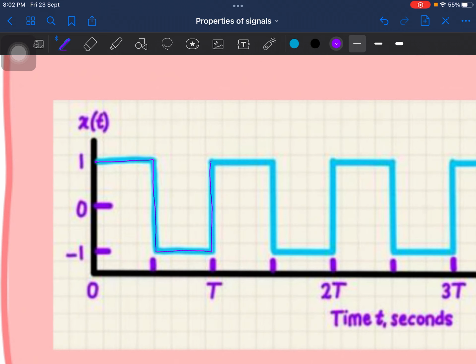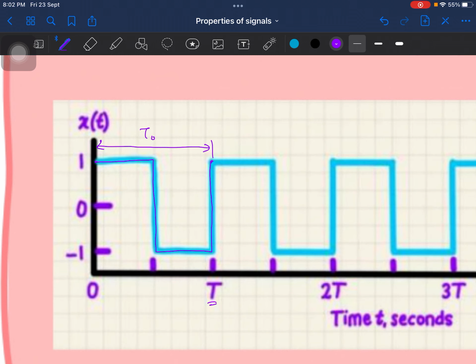Starting at time equals capital T here, I'm going to repeat the same pattern. Therefore from t equals 0 until t equals T, this is our fundamental period.